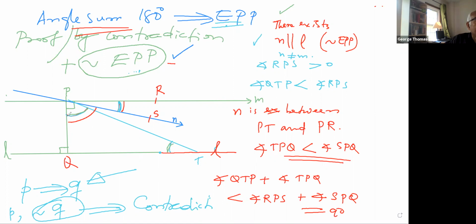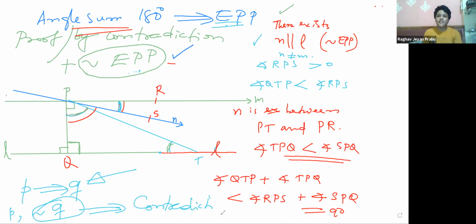If that is less than 90 degrees together, what is this angle? By construction, it is 90 degrees. So, if these two together are less than 90 degrees, and this is 90 degrees, what is the sum of all these three?